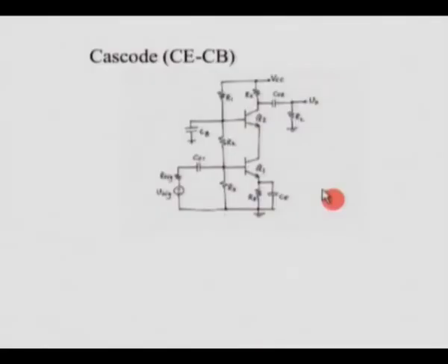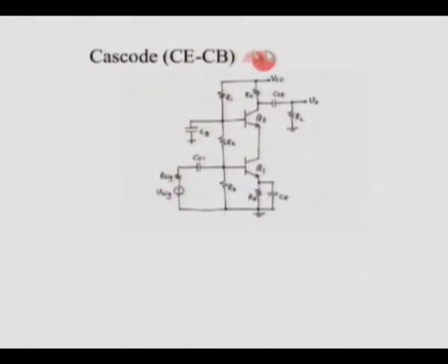So let us think of the Cascode amplifier, which is nothing but a cascade of a common emitter stage followed by a common base stage.